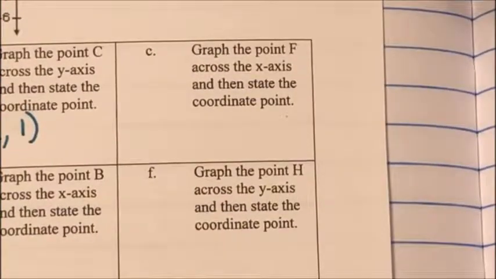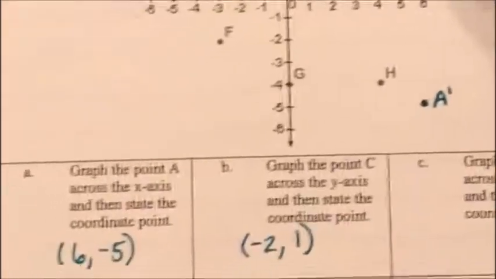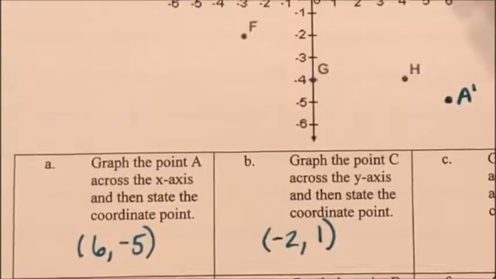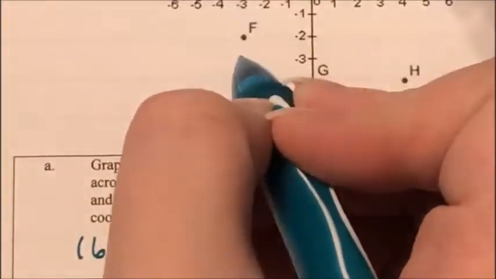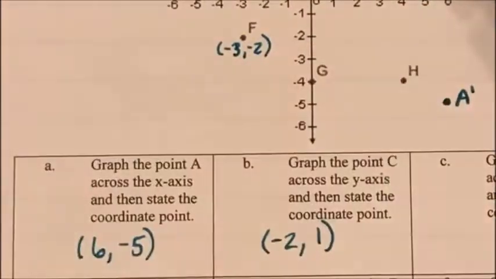Letter C says graph the point F across the x-axis and then state the coordinate point. Okay. So F is right there. F is at negative 3, negative 2. Okay.